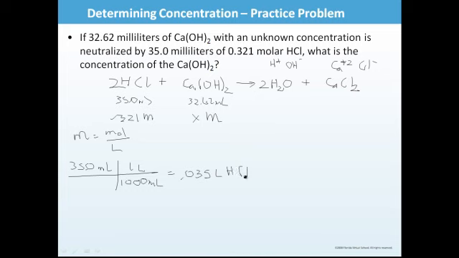Now let's go ahead and do that for the calcium hydroxide real quick, because we're going to need that in liters also, again, so that we're all in the same units. So we take the 32.62, and we're going to divide that by 1,000.